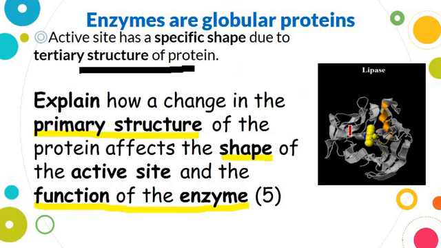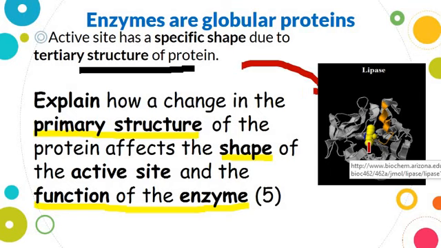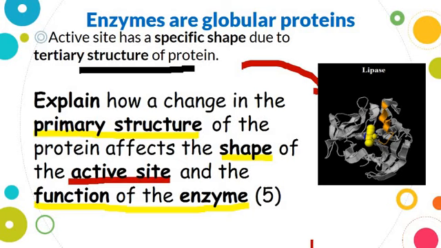So if we look at this molecule over here that has quite a complicated shape, we want to have a little think about what sort of things might be holding that shape in place. What sort of parts of that protein are going to be forming the bonds that would hold them in place. If we change the shape of the active site, we need to think of what the consequences of that will be.